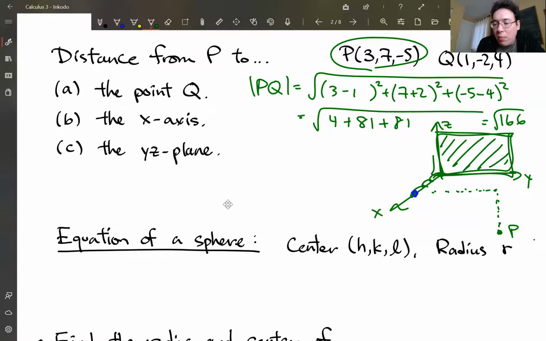So going parallel in the Y direction and parallel in the negative Z direction, that did not change the distance from the wall.